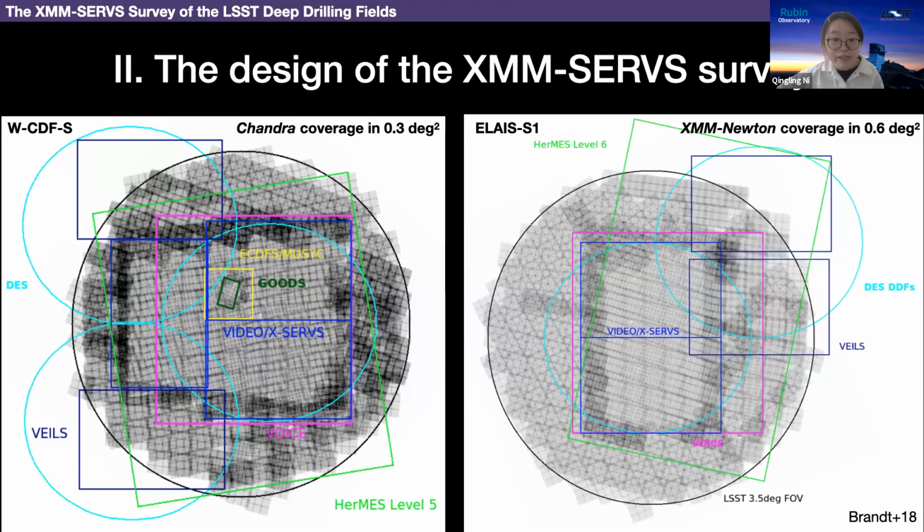So compared with this rich multi-wavelength coverage, the X-ray coverage is incredibly small inside the 10 degrees squared LSST field of view. For WCDFS, there is only Chandra coverage in a 0.3 degree squared region. And for ELAIS-S1, there is only XMM-Newton coverage in a 0.6 degree squared region.